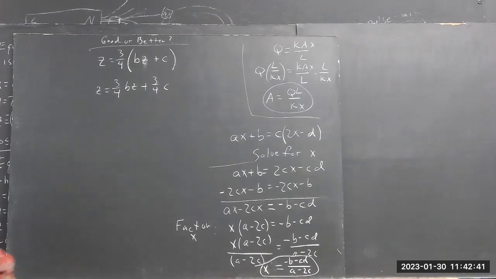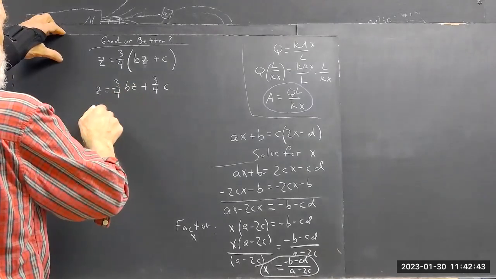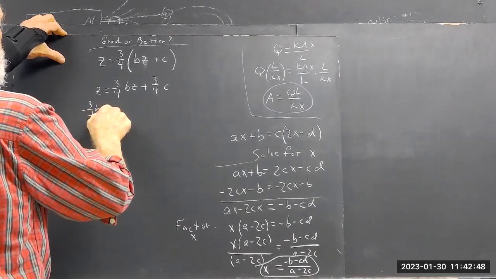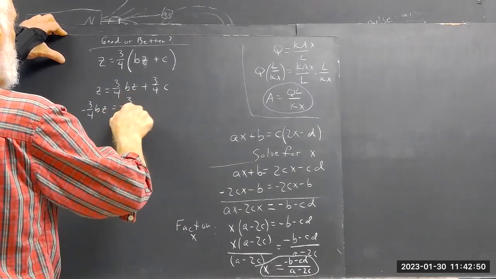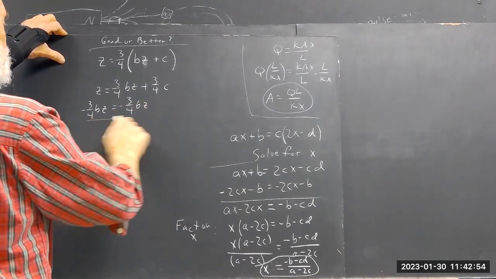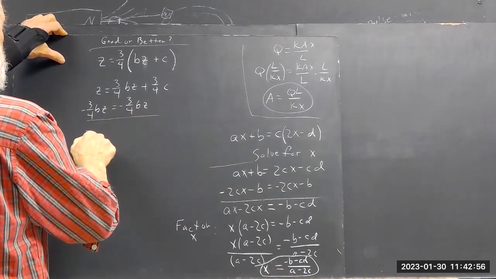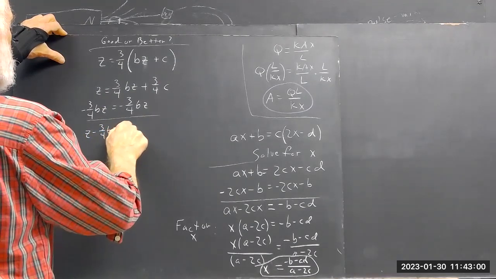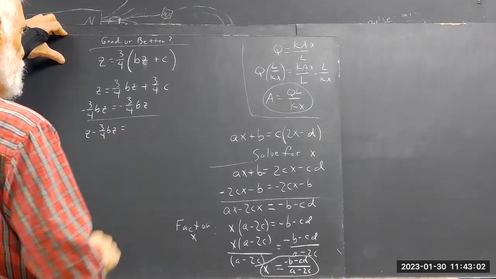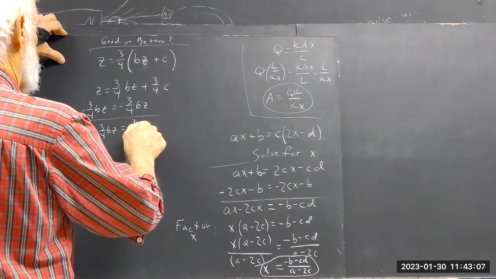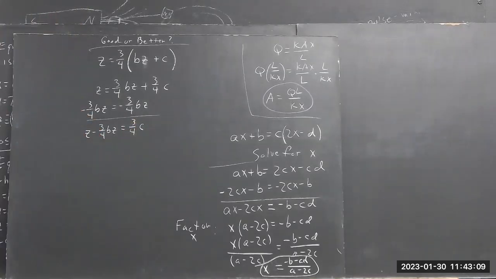Then we could subtract the three-fourths BZ from both sides to give us Z minus three-fourths BZ equals three-fourths C. Then we can factor out the Z.